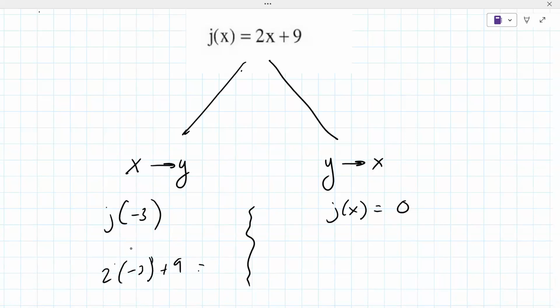Yeah, it's 3. How about for the one on the right? -9/2. Yep, very good.